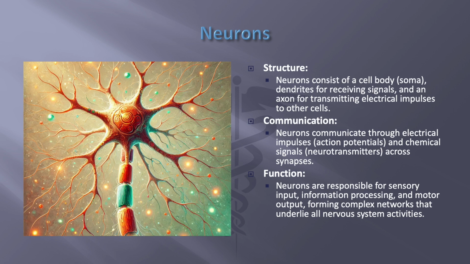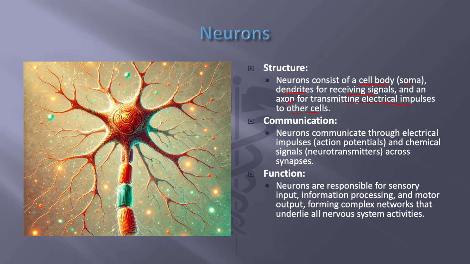Alright, so neurons consist of a cell body, or a soma. They have dendrites that receive signals, an axon that transmits the electrical impulse to other cells or other neurons. Neurons are going to communicate through electrical impulses and chemical signals.